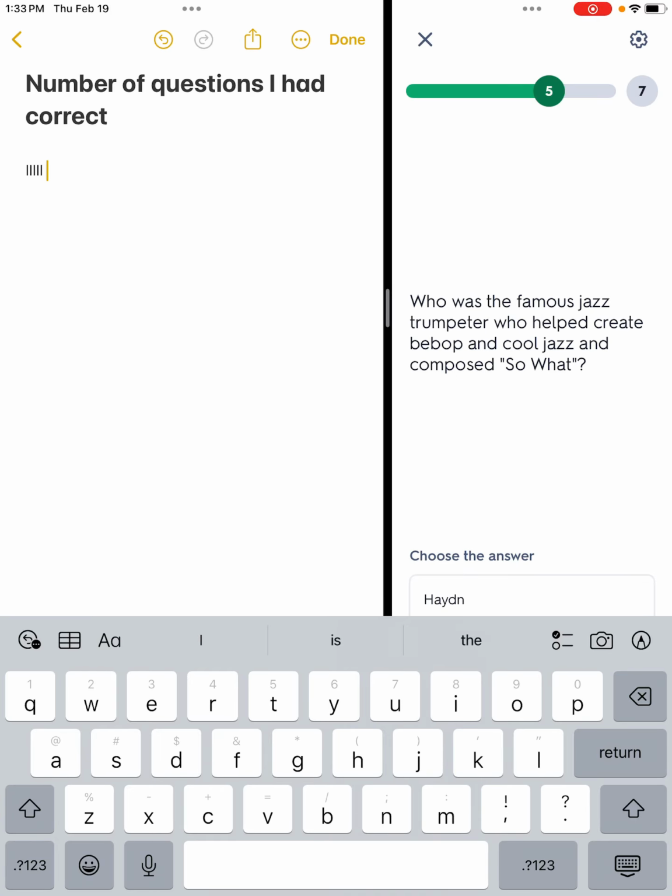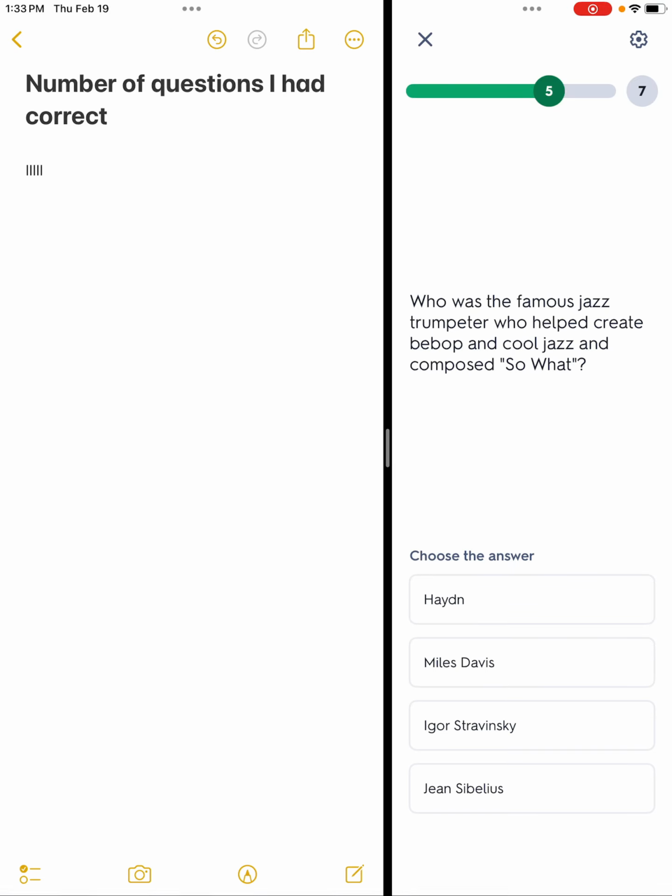Now I'm going to put a space, so note that I'm going to put at least 2 spaces so we can separate them. Who was the famous jazz trumpeter who moved bebop into cool jazz, Kind of Blue, So What? Miles Davis?